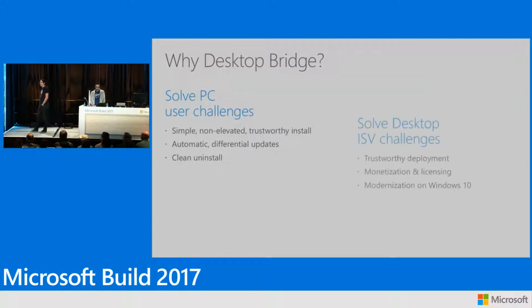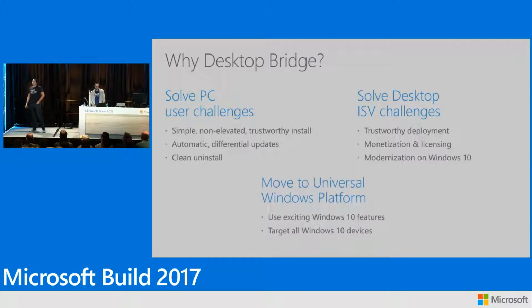So why did we build the desktop bridge? Well, we did have this existing app model, which people refer to loosely as Win32, although that's very all-encompassing, including COM, including .NET, right? We had a lot of different APIs out there.